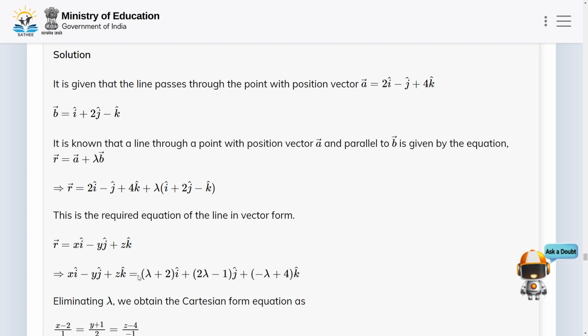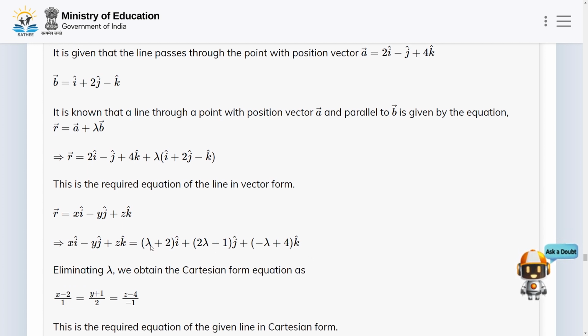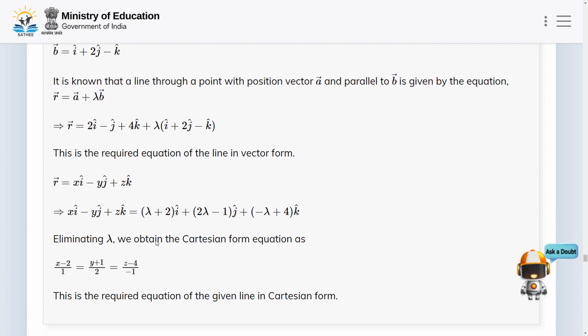rewrite it like this by grouping, making pairs: lambda plus 2 i hat plus 2 lambda minus 1 j hat plus minus lambda plus 4 k hat. Then from here you can get your Cartesian form easily. Just write what you have to write.